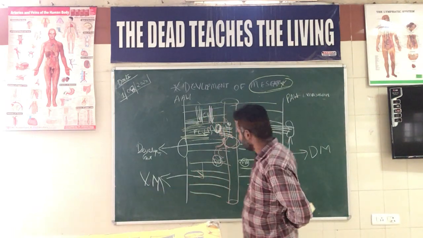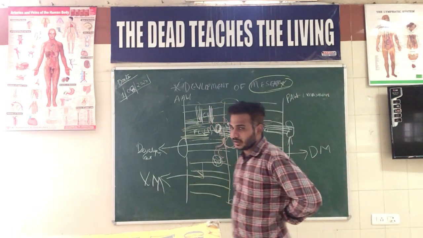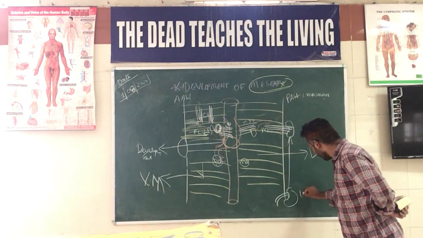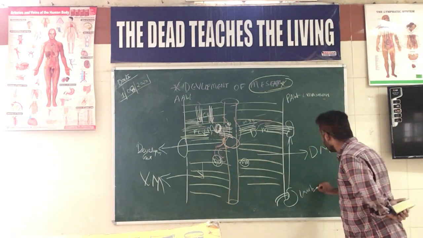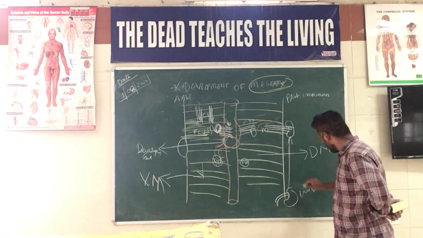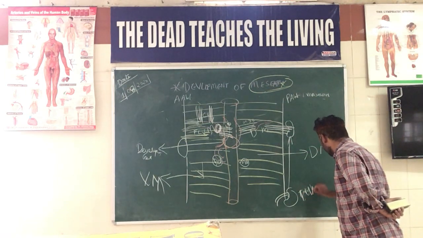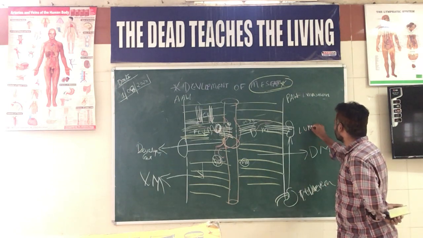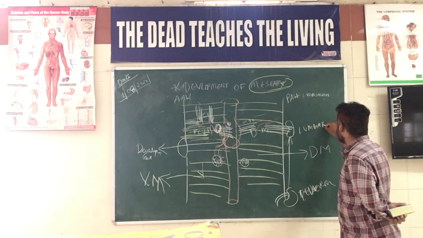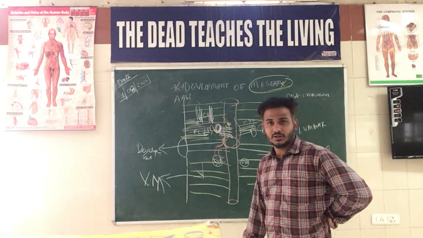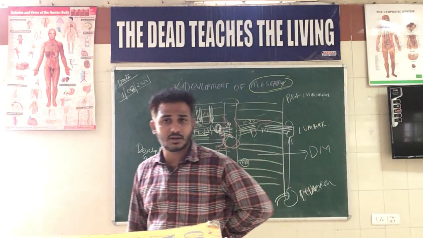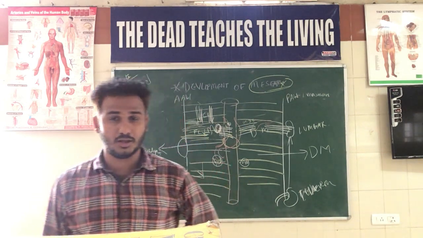Not only the left kidney but also the right kidney, both are retroperitoneal. They form in the iliac region and then ascend into the lumbar region. So there is a congenital anomaly called horseshoe kidney.